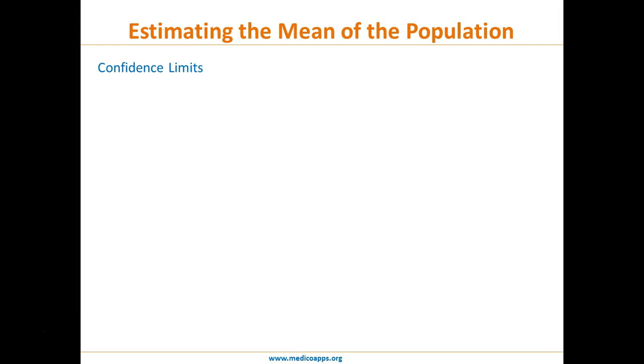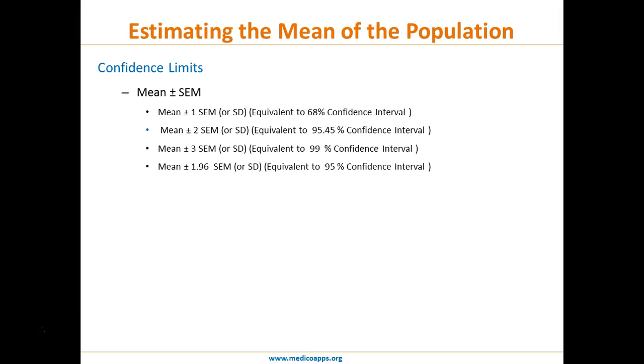So the confidence limit determines how accurate your estimation is. You can have a 50% confidence level, a 95% confidence level, or a 99% confidence level. Mean plus or minus a standard error of mean defines the confidence level. Mean of the sample plus or minus one standard error of mean is equivalent to a 68% confidence level.